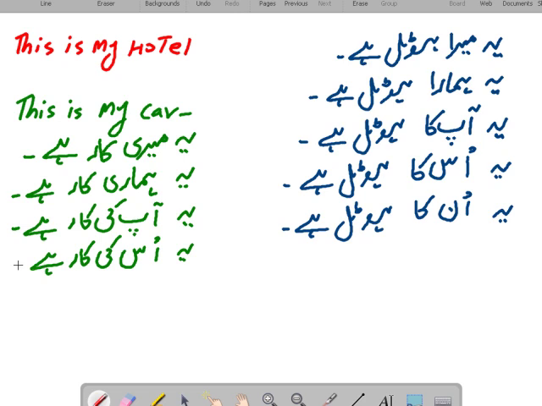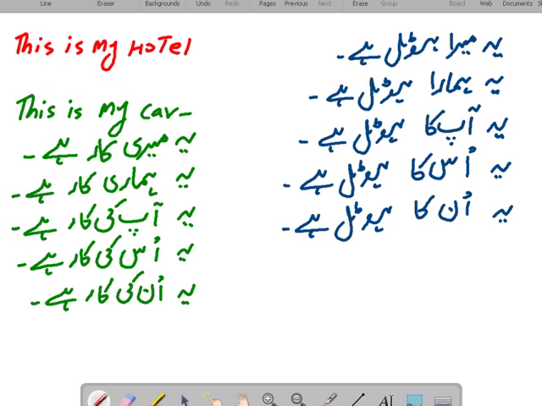This is his car और this is her car. ये उनकी कार है. This is their car. So for masculine we use मेरा, हमारा, आपका, उसका, उनका. And for feminine we are using मेरी, हमारी, आपकी, उसकी, उनकी.